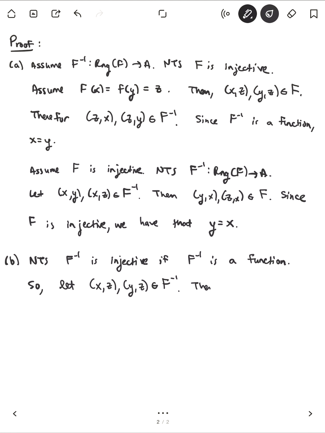And then (z, x) and (z, y) are both elements of f, and from the previous part A of this theorem, we know that if f inverse is a function, then f must be one-to-one. So f is injective.